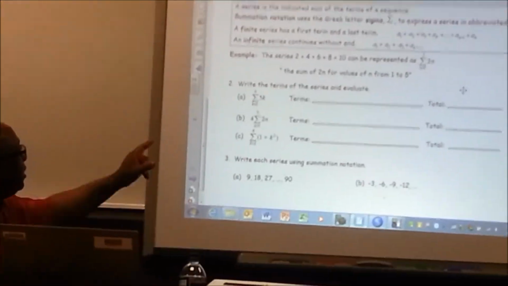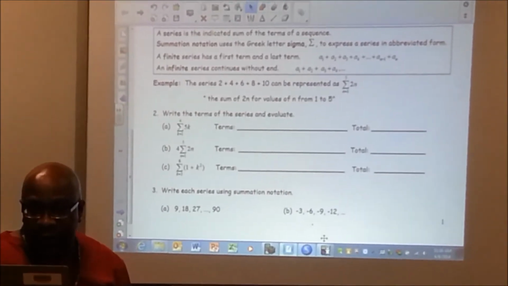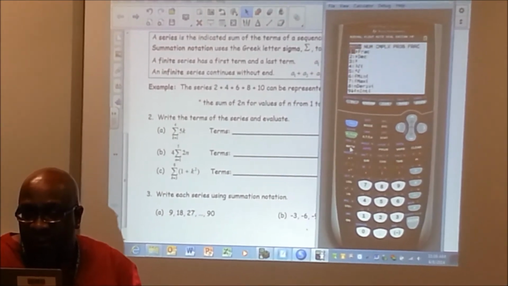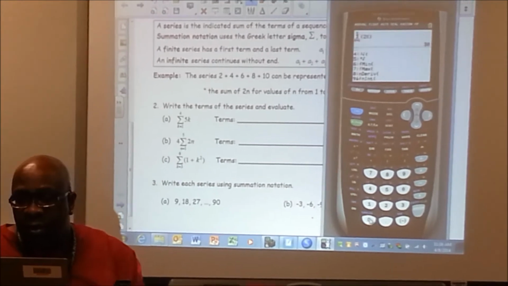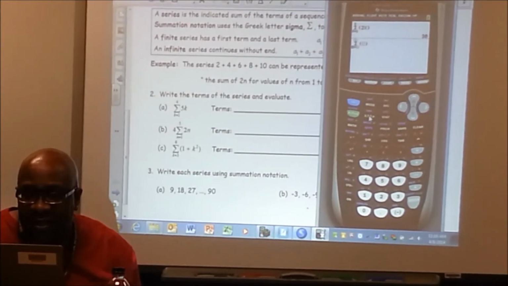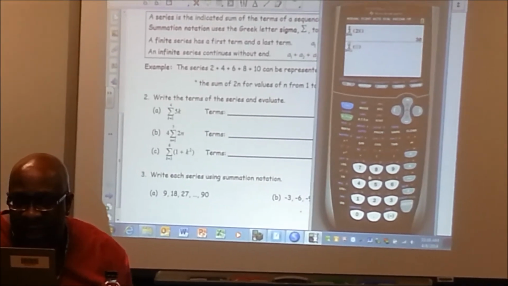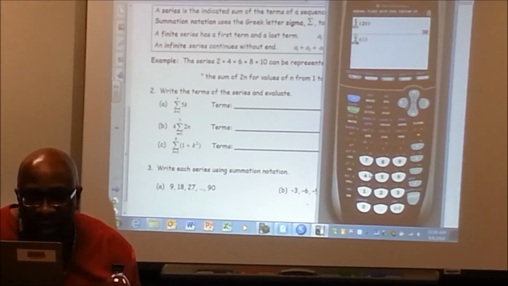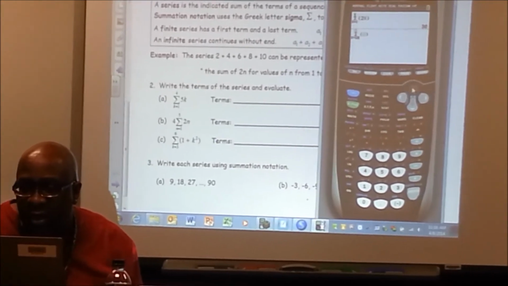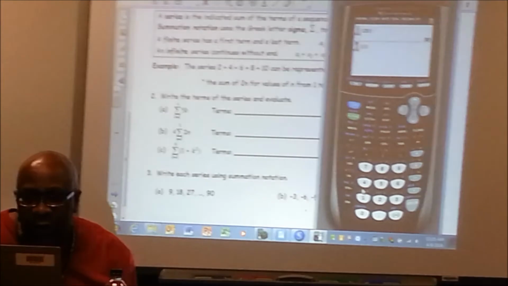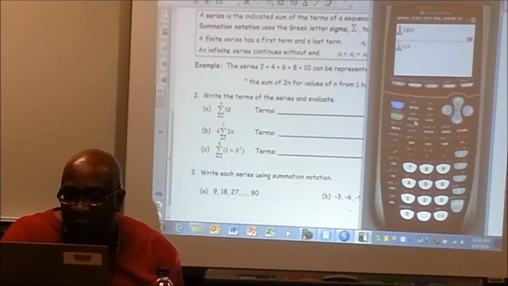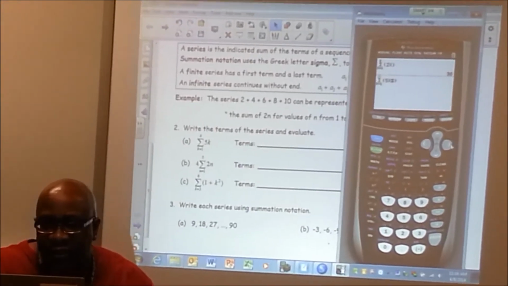So, let's place in this sequence here for 2a. So I'm going to go to math. I'm going to select option 0 for my summation. Now the variable is x that we're always using, and we're going from 1, the first term, up to 4, and the explicit formula that we're working on is 5x.